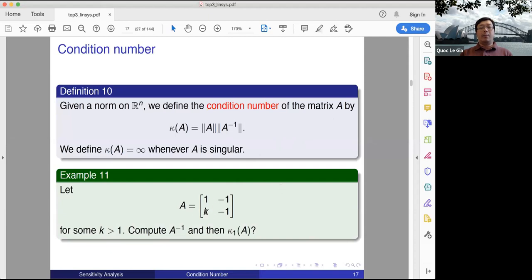So suppose we have this matrix. So what is A inverse? Let me compute this one by hand.